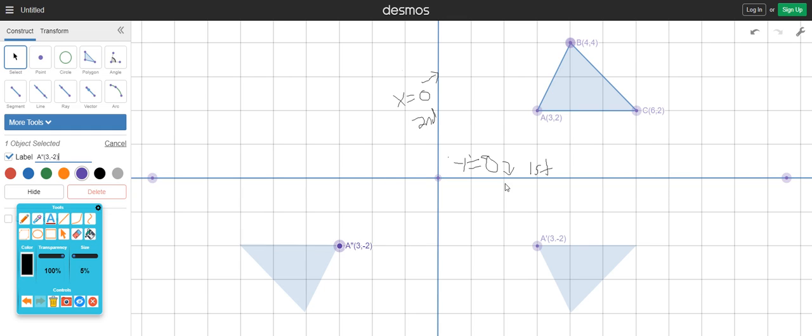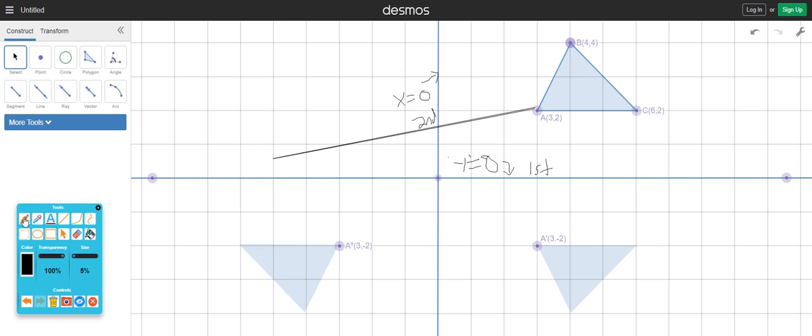So let's look. We are going all the way from here, all the way over to here. Let's think. That looks like how many degrees? You said 180 degrees.